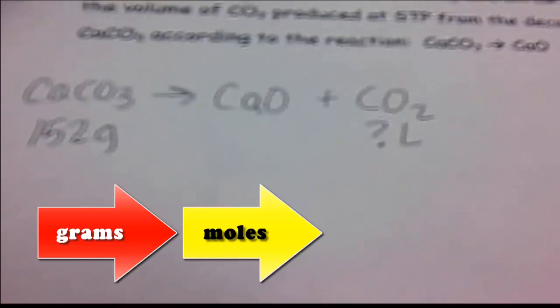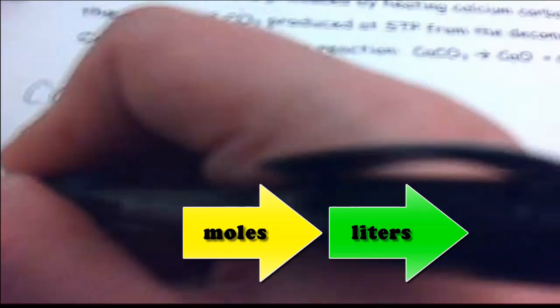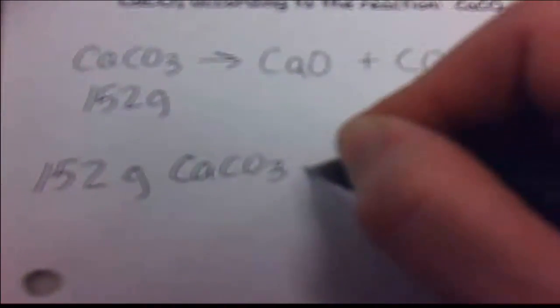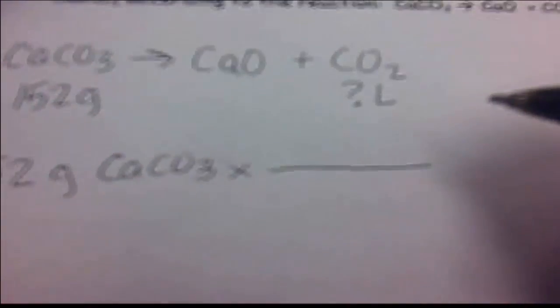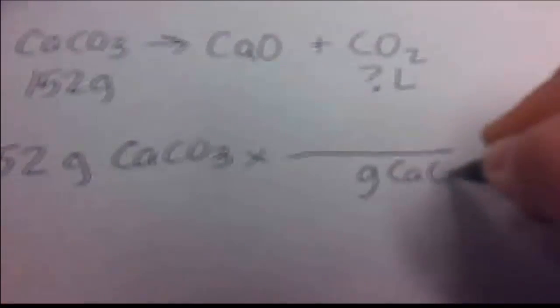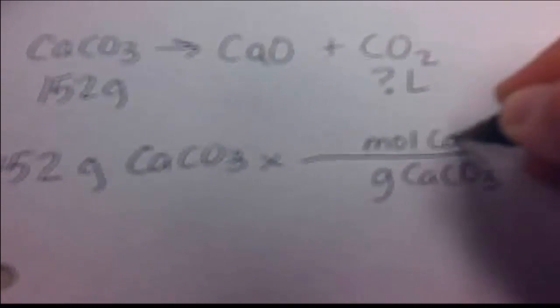We just have to find one. So I'm going to start off with 152 grams of CaCO3, and I'm going to change that from grams of CaCO3 to moles of CaCO3.